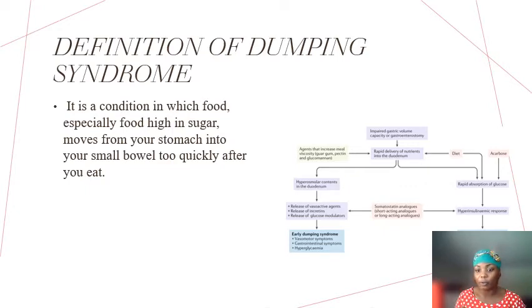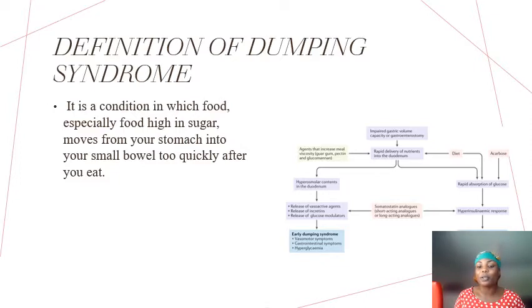After you have eaten your food, instead of the food going through the esophagus, the stomach, the big and the small intestine, the food goes directly to the duodenum, which is not good because it might cause several problems like we stated previously.